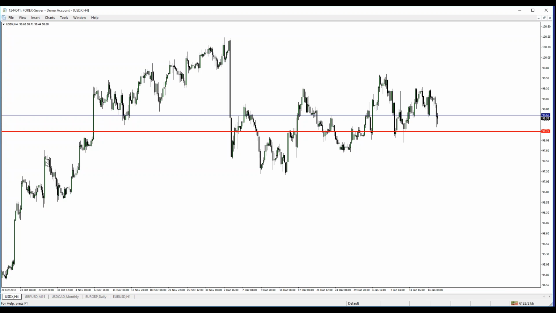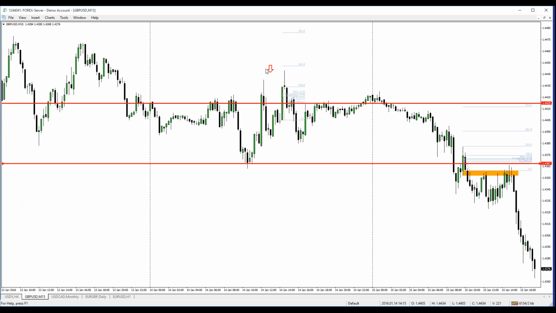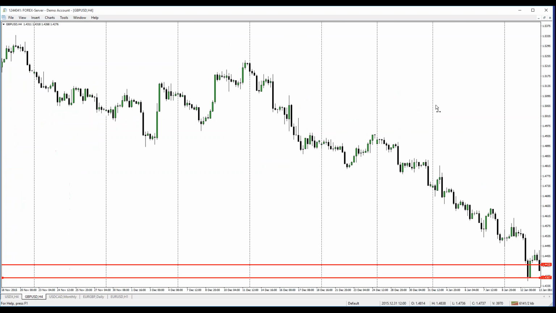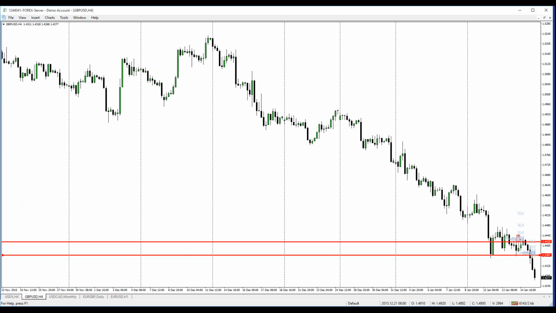Let's go over to the cable real quick. Cable is moving right along lower, continuing its primary downtrend.